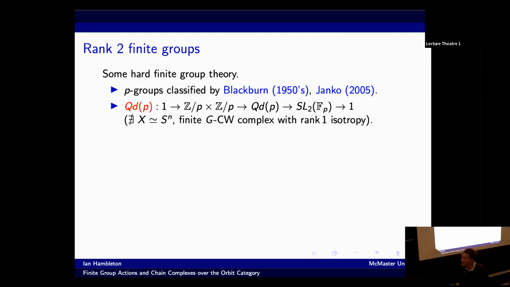So here's a chief actor in this story, this particular group, which is called QD(p). I guess it's something to do with quadratic. Anyway, you take Z/p cross Z/p and you form this semi-direct product. So thinking of Z/p cross Z/p as just a vector space of rank 2 over the finite field F_p, you can act on it by SL_2(F_p) in the natural way, by linear transformations.